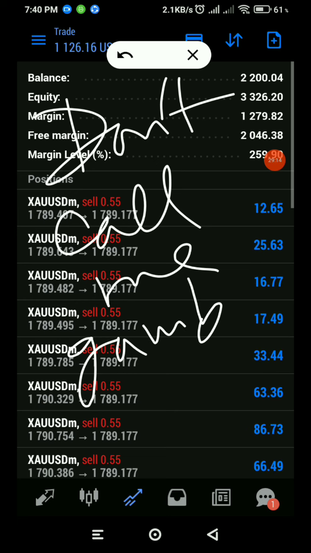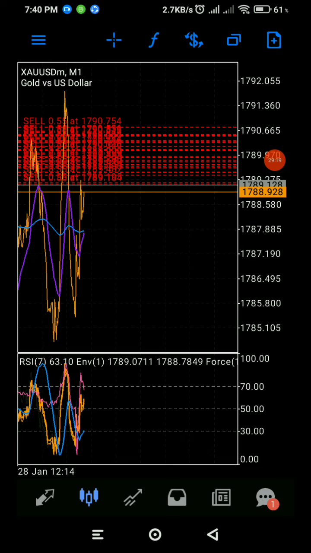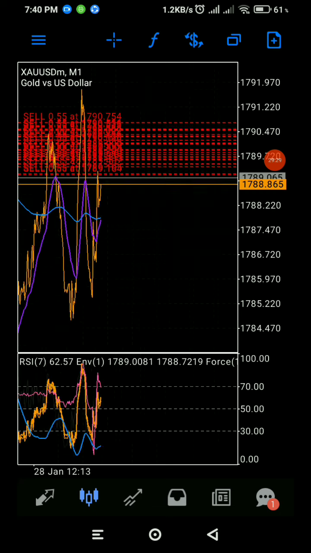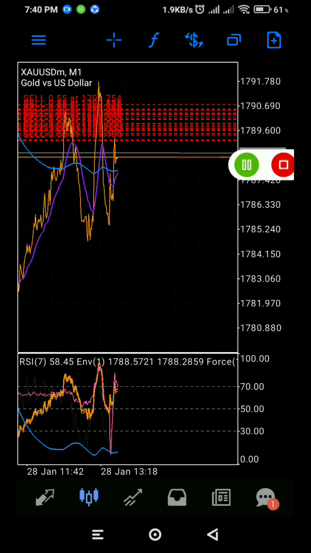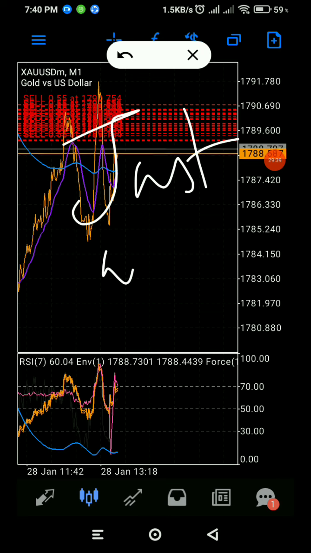So don't call me a gambler here because too many entries were taken by me, but I know where the price will go, so I have taken all the entries. Because traditionally it is not ideal to take too many entries.